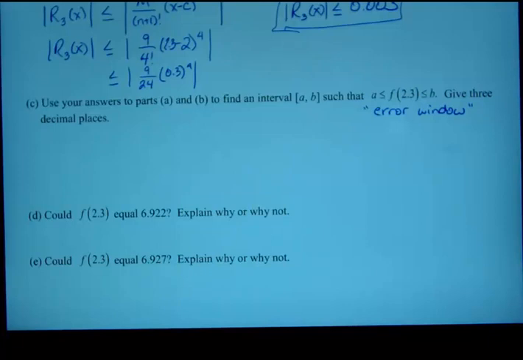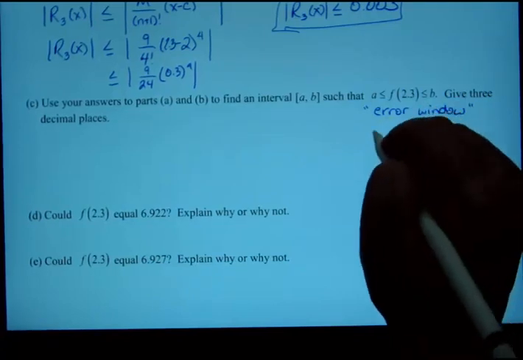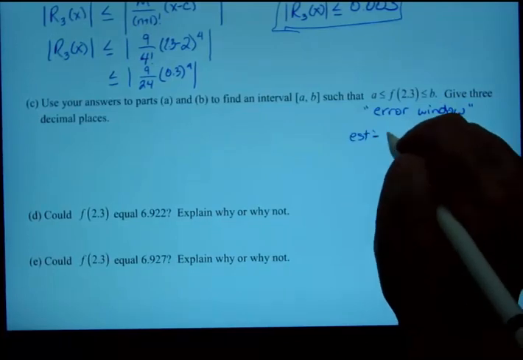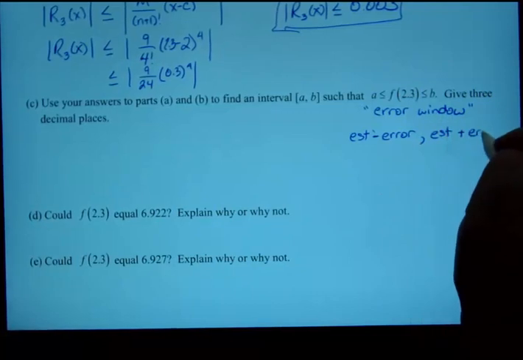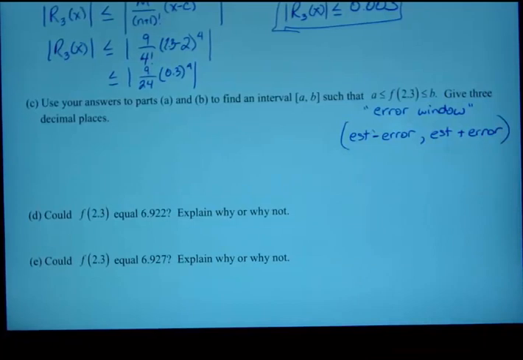I can get close, but I can't find it exactly. Okay? Now, how do you find an error window? You take your estimate minus the error, comma, the estimate plus the error. It's somewhere in between that.